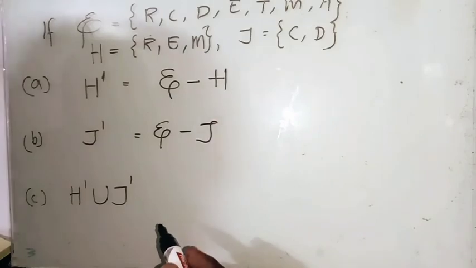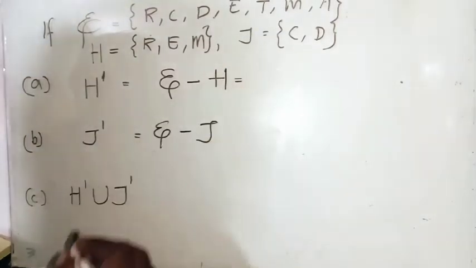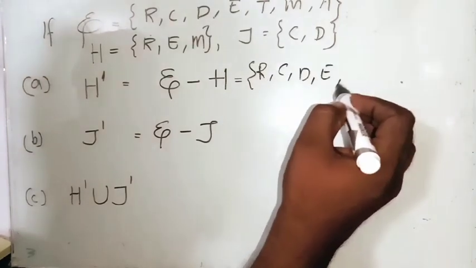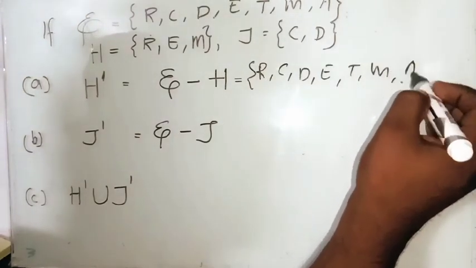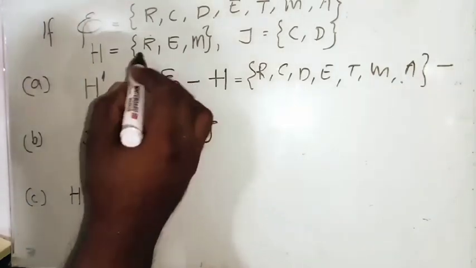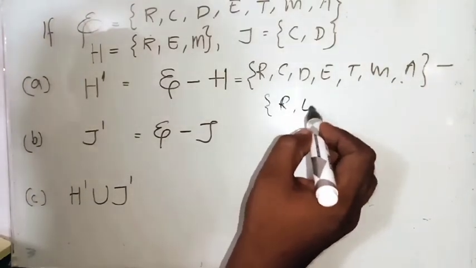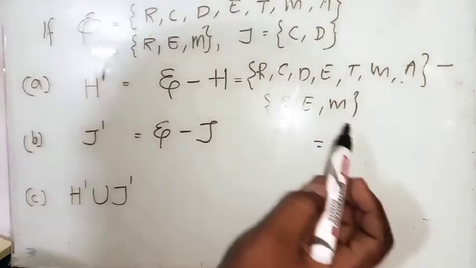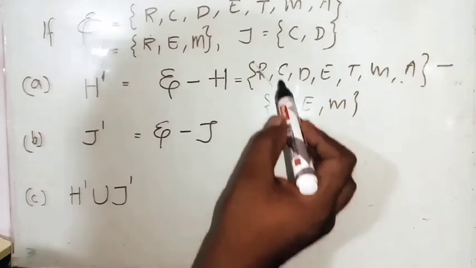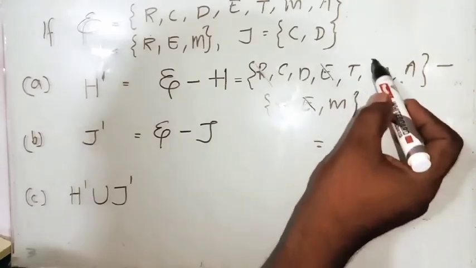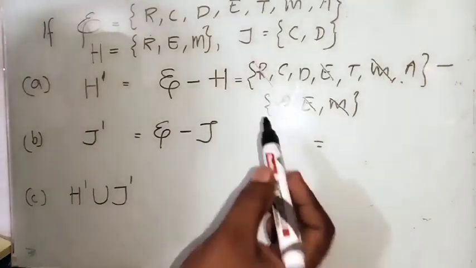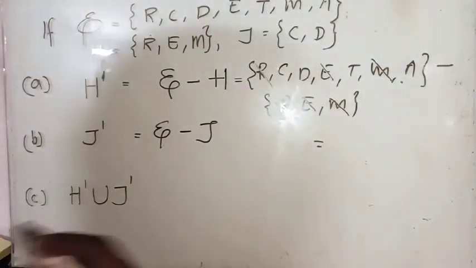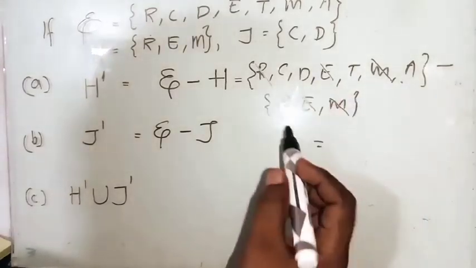Universal set minus J. So we get this as: the universal set is set R, C, D, E, T, M, A, minus H, that is R, E, M. When we cancel the similar elements, we are cancelling H, that is H complement. H complement means not H, we don't want H, so we cancelled H. What is remaining?